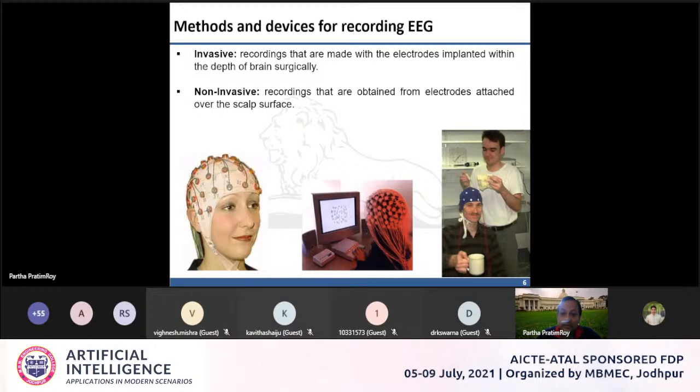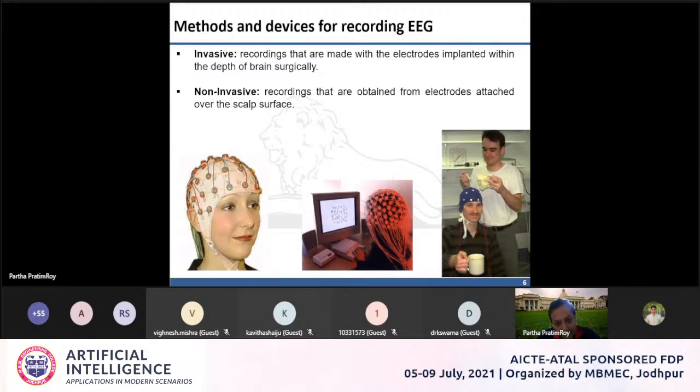It is just like a wearable device that one wears on the head scalp, like a cap, and there are several electrodes placed over the scalp at different locations to get the signals of the brain.